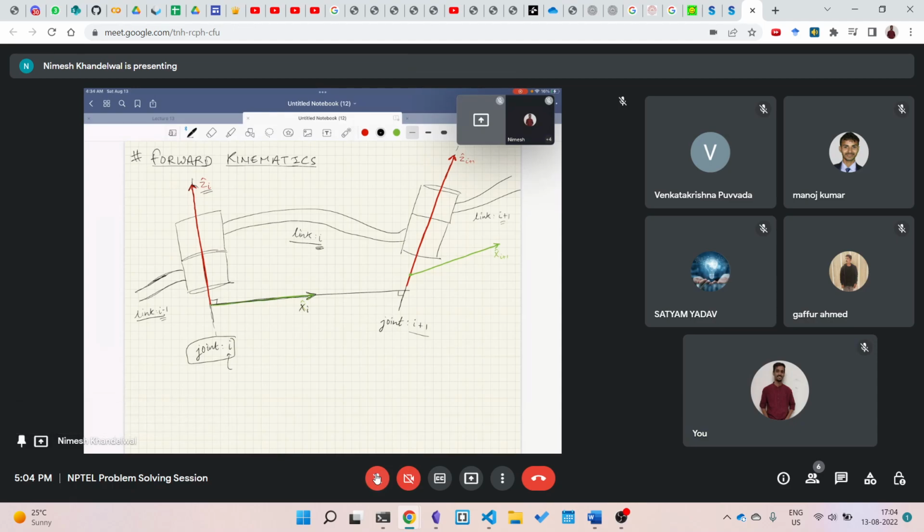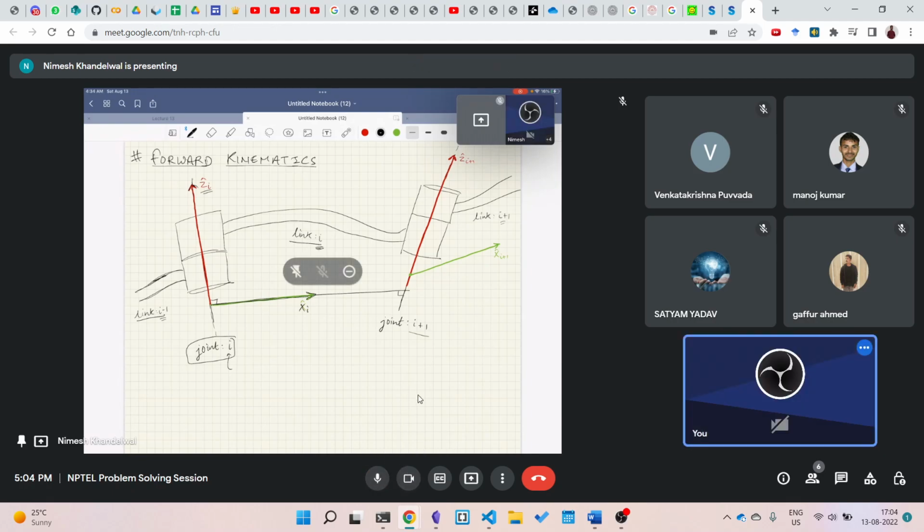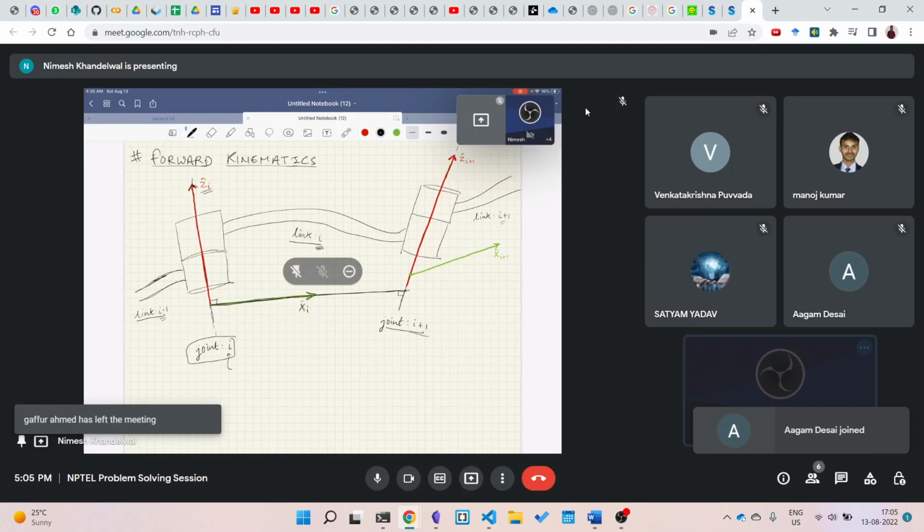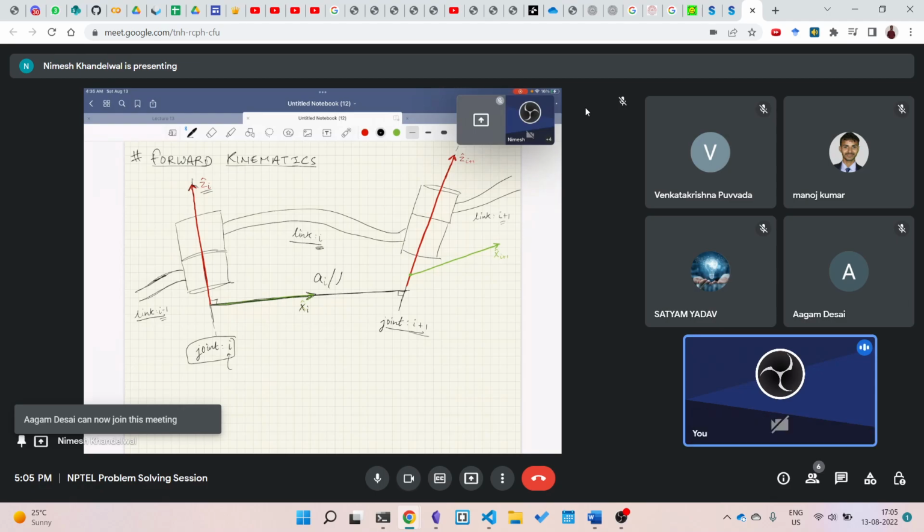Then this shortest distance between Zi and Zi plus 1, we called Ai, basically the link length. You can also call it Li. It doesn't matter that much.